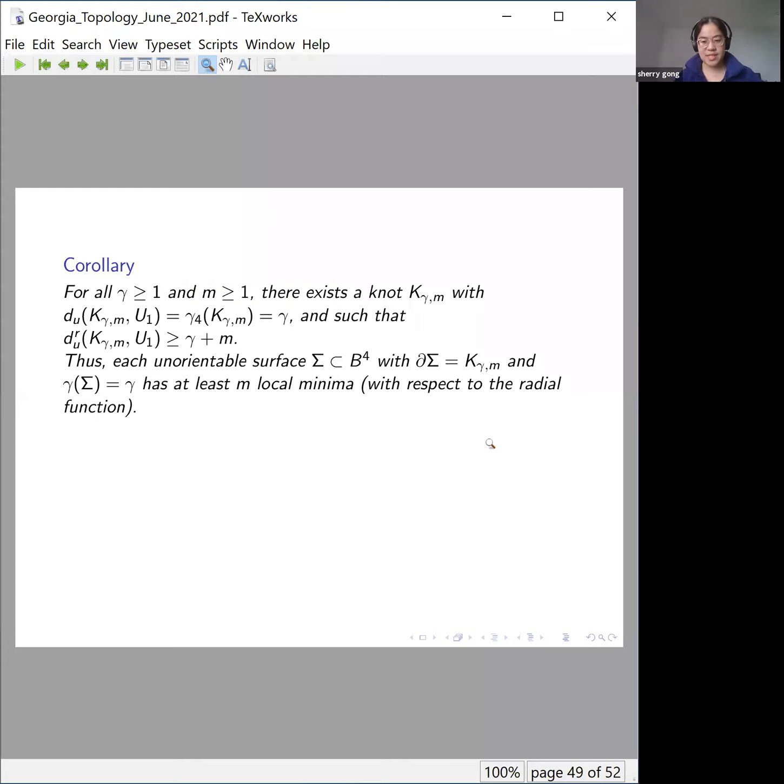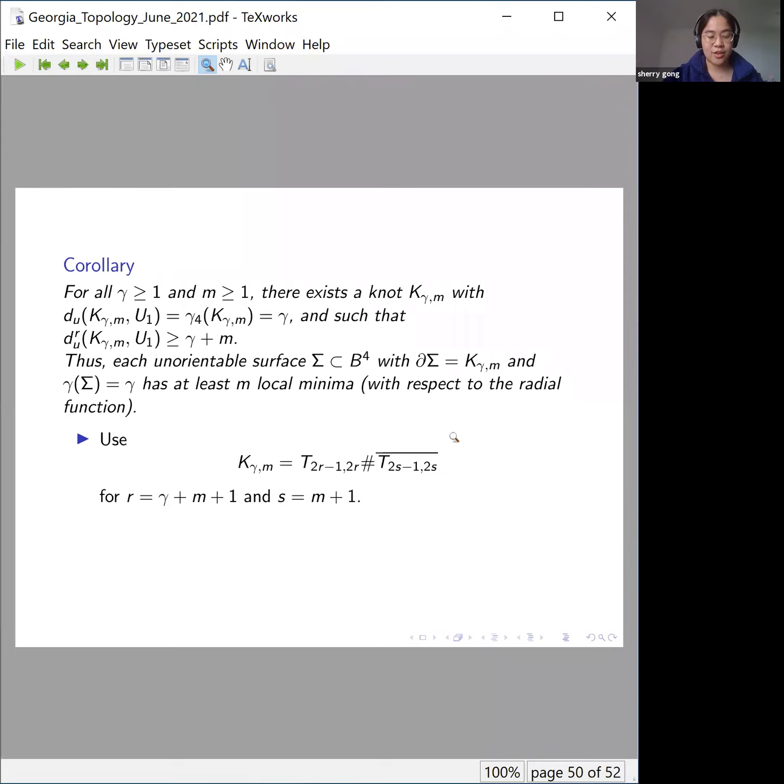Specifically, the corollary is that for any gamma and m, there is a knot whose standard unorientable cobordism distance to the unknot is gamma, but the refined one is at least gamma plus m, meaning that any cobordism between the unknot and this K_{gamma,m} that has non-orientable genus equal to gamma has to have at least m local minima.